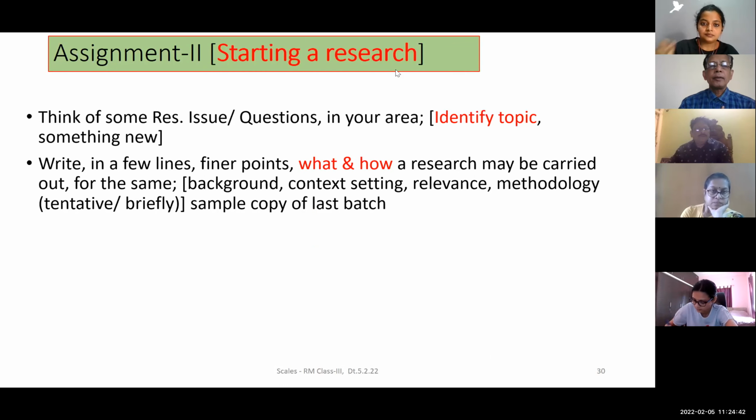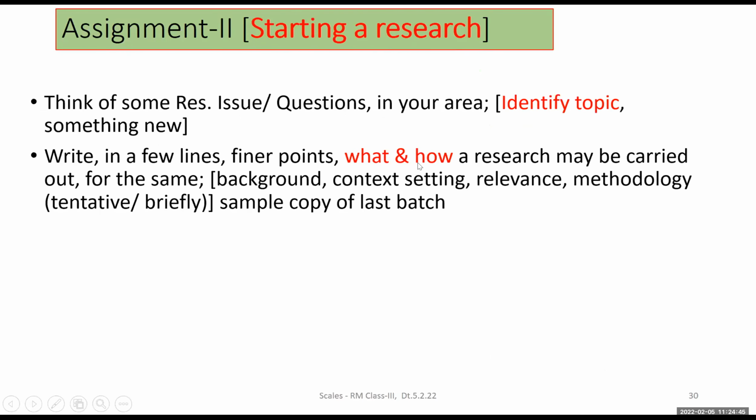Also write some finer points: the context, the relevance of the topic, the way we have been discussing here, and a very tentative methodology, how it can be done. How it can be done is part of the methodology. I understand we have not covered much on methodology, but you can just start thinking, okay? I'll also give a sample copy of the responses of the last batch so that you can see how they submitted assignment number 2.